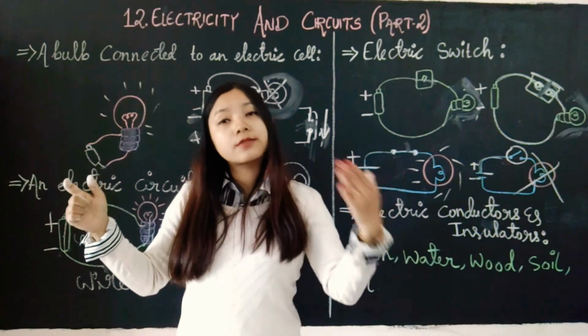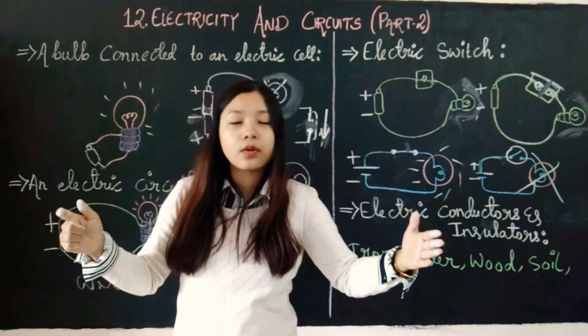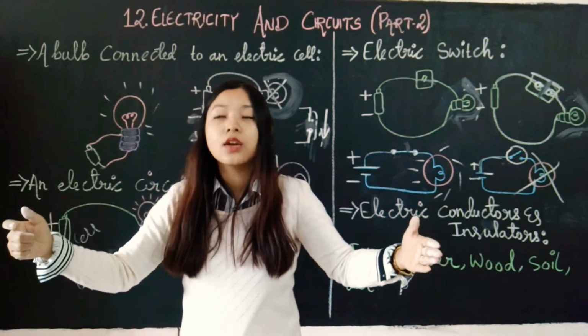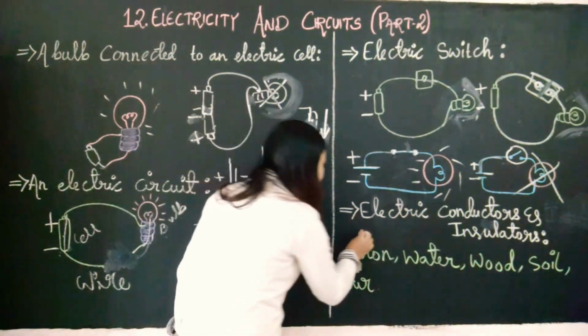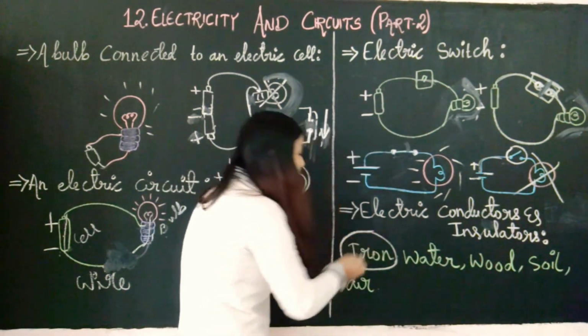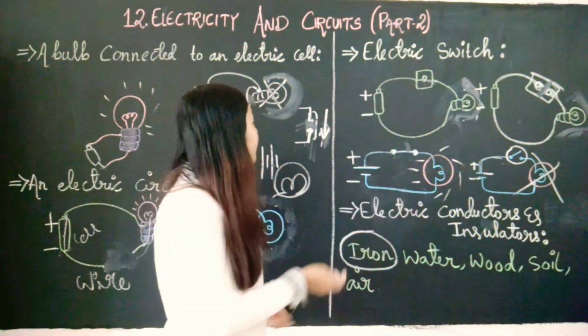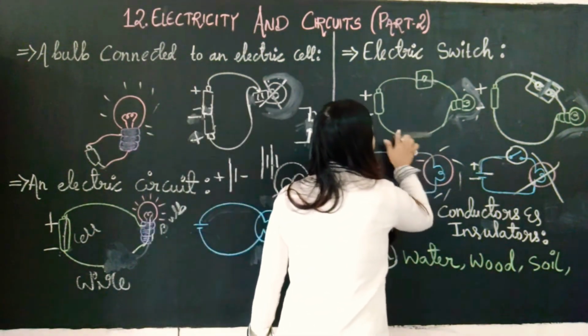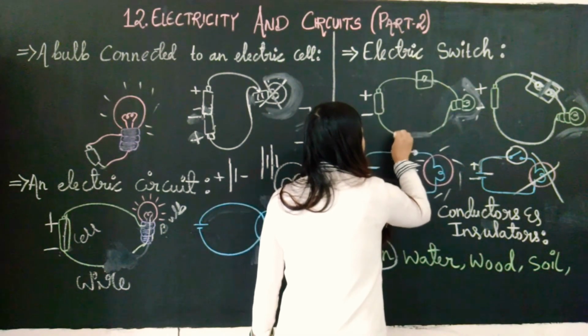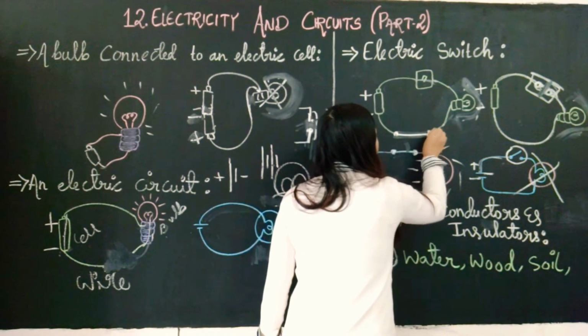That means it transfers the electricity from one of its ends to its other end. For example, iron. If you have a piece of iron and you connect it, let's say instead of wire here, this is a wire, here we will put one iron rod.